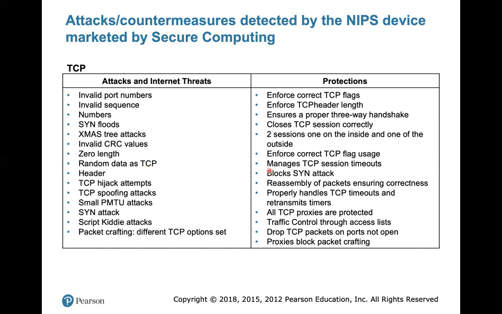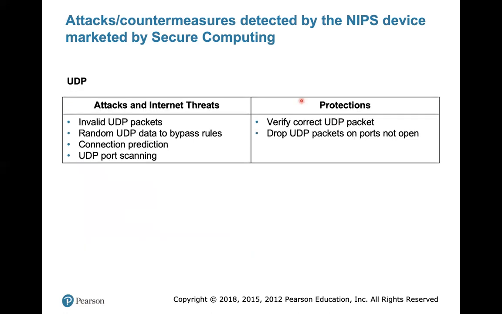The NIPS manages the TCP session timeout, which means that if it shortens the timeout, the traffic is going to be blocked. So here are some of the attacks they detect and their countermeasures, or the protections, for TCP connections. The same thing applies for UDP.